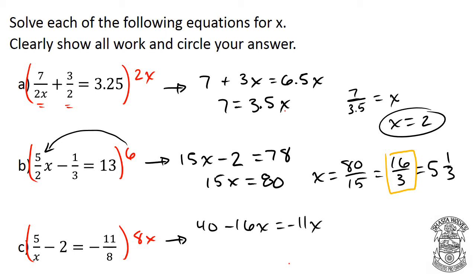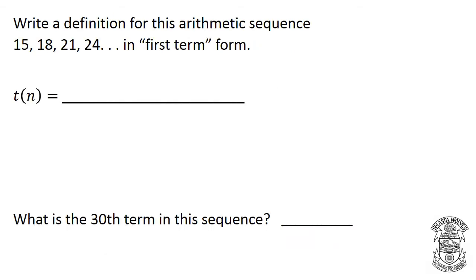And if I add 16 x's to both sides, I think that's probably the best way to go. I get that 40 equals positive 5x, and therefore when I divide both sides by 5, I get that x will equal the number 8. So my three solutions are 8 for C, B was 16/3, and A was x equals 2.